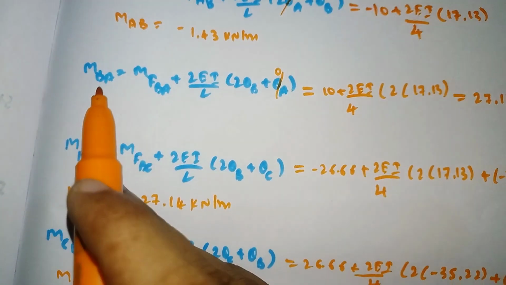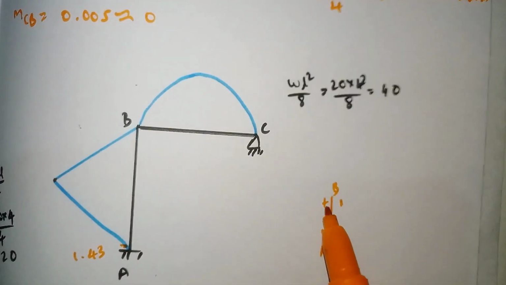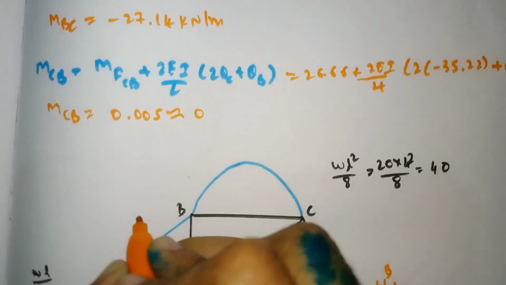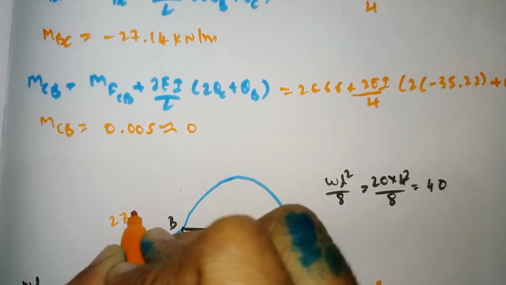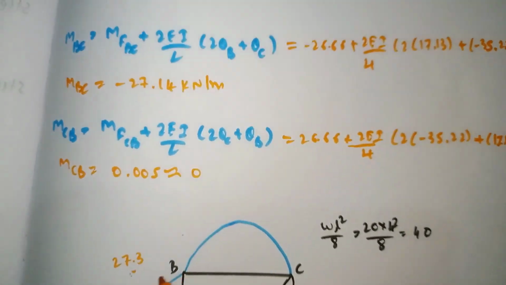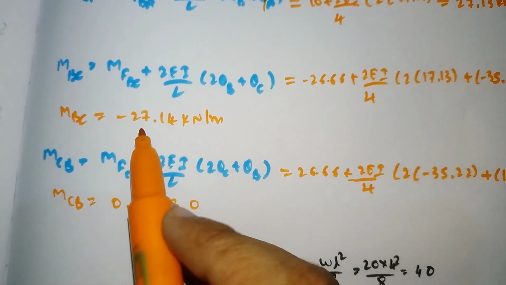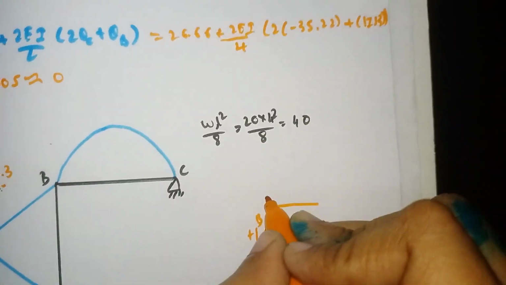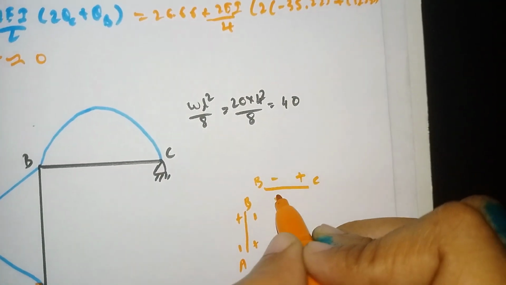Here first point is B. At point B 27.13. So at point B positive value comes above the neutral axis, means it comes here, 27.13. And similarly for MBC, first point is B, at point B value is minus 27.13. And for BC also, here minus, here plus, here plus, here minus.